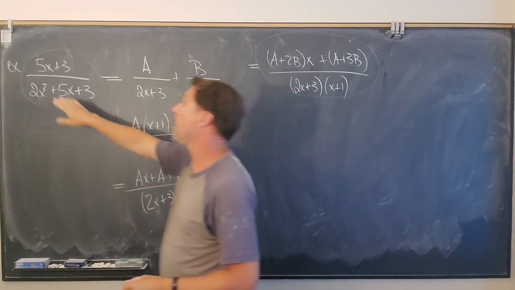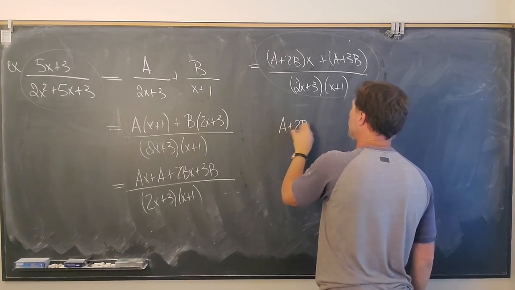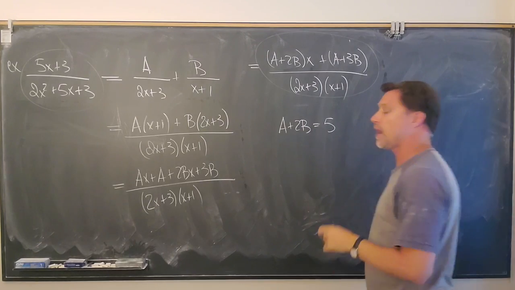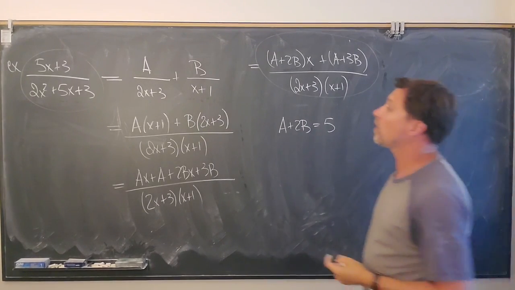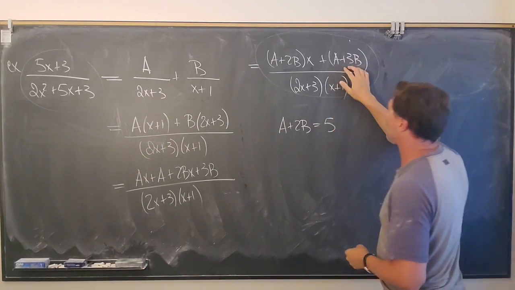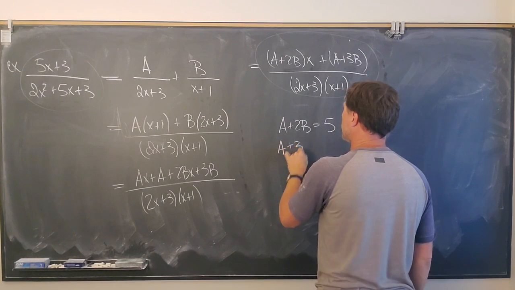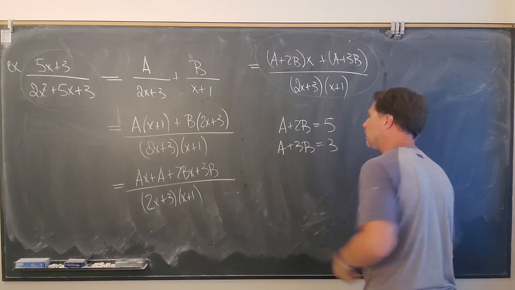That has to equal 5x. So that tells us that a plus 2b has to equal 5. Also, the constant term on the left-hand side is 3. The constant term on the right-hand side is a plus 3b. So that tells us that a plus 3b has to equal 3.